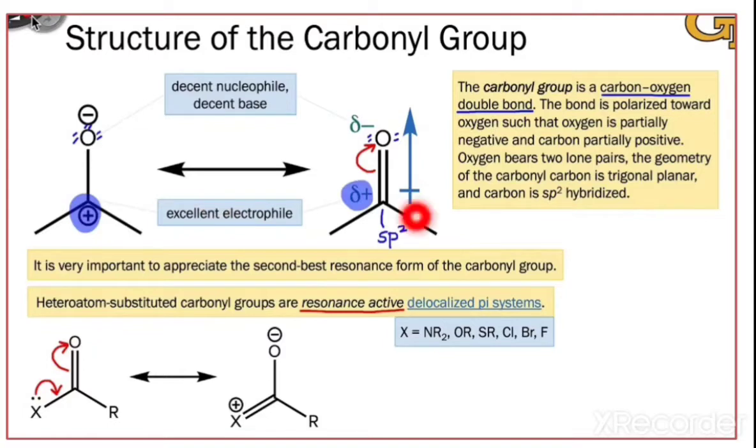In the carbonyl group of this carbon-oxygen double bond, the bond is polarized toward the oxygen such that the oxygen is partially negative and carbon partially positive.